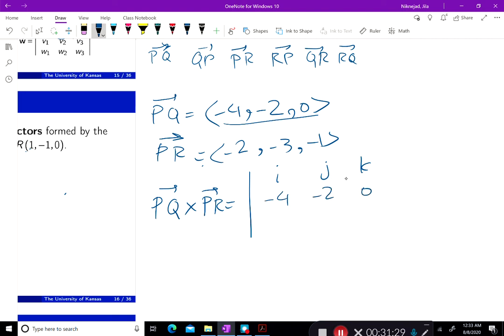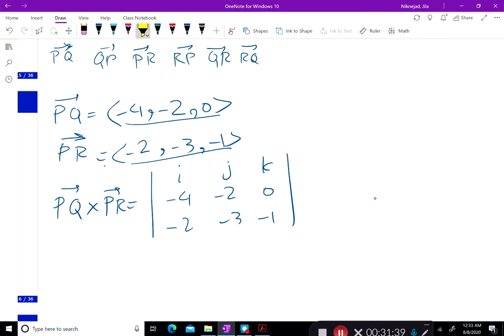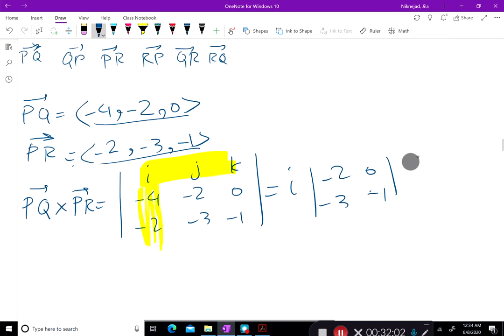The order matters for cross product, it didn't for dot product. And let's say expanding over IJK, when I have I, then I'm going to eliminate everything else in that row and column and calculate with -2, 0, -1, -3, and -1.